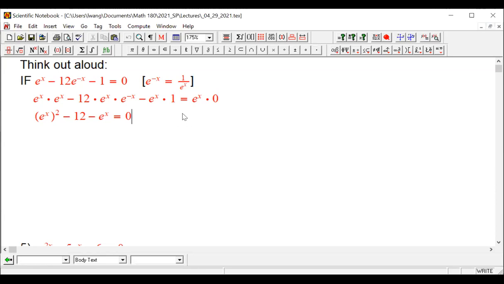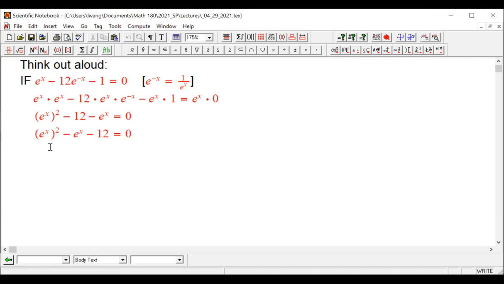All of this is made possible because of what? Because number 1, e to the power x is positive forever. And secondly, principle number 4. And then we ended up with a quadratic equation. Then you can factor, right?